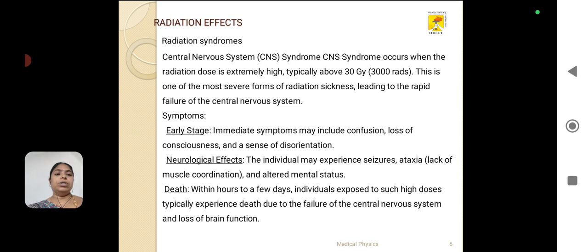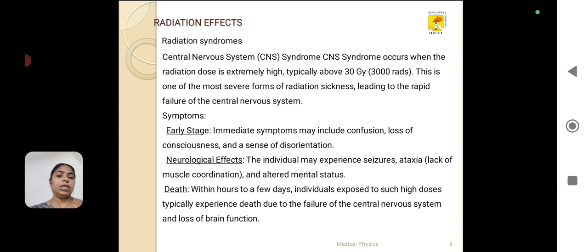In the early stage, the immediate symptoms may include confusion, loss of consciousness and a sense of disorientation. Next, it will lead to neurological effects. The individual may experience seizures, ataxia, that is lack of muscle coordination, and altered mental status. Then the severity increases within hours to a few days.